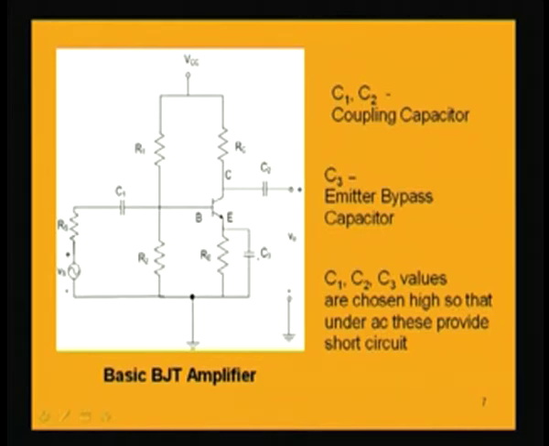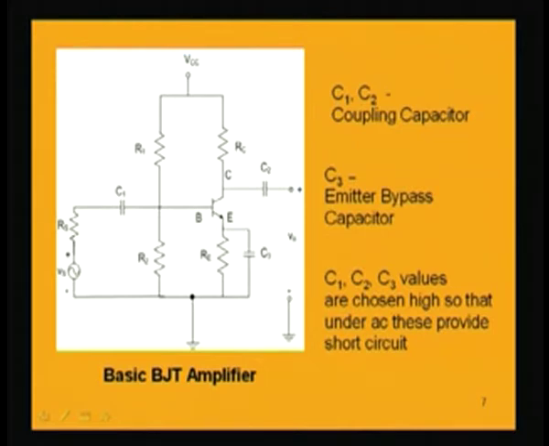Now, when we apply this input signal, we expect that only the signal should be amplified. The DC voltage which is present in this circuit should not affect the input signal at the next stage, and that is ensured by the presence of this coupling capacitor, because this capacitor offers open circuit for DC.